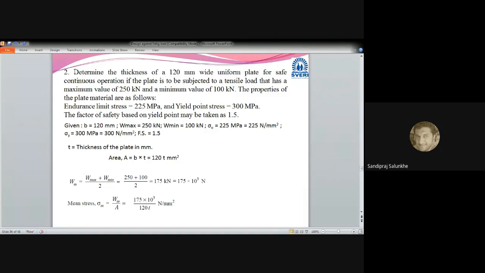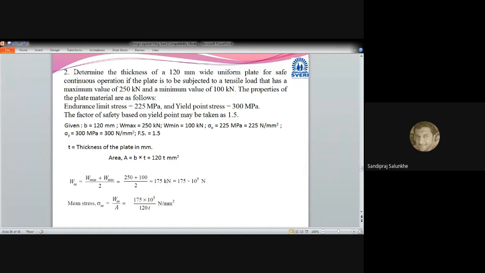The properties of plate material are as follows. Endurance limit stress is 225 megapascal and yield point stress is 300 megapascal. The factor of safety based on yield point may be taken as 1.5.